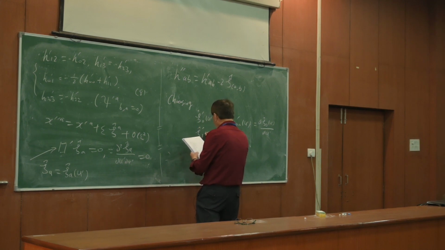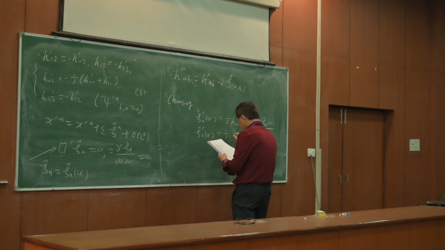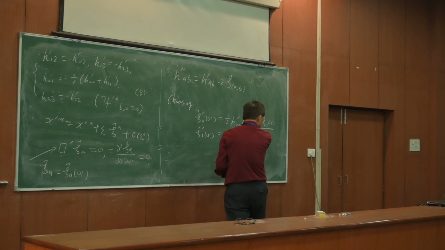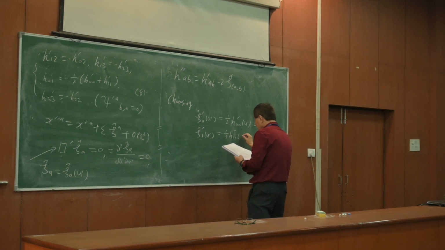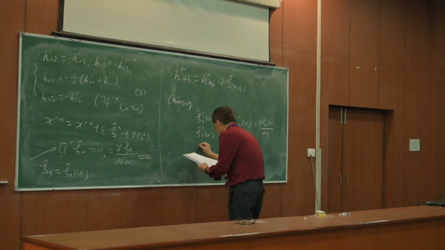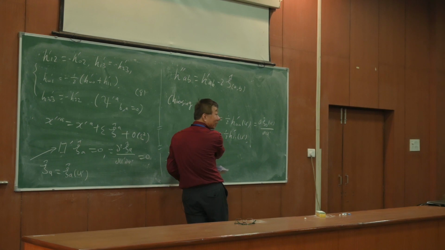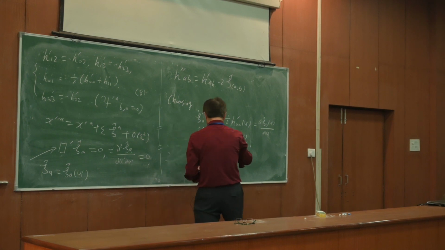u prime is again equal to minus 2 h11 plus... This prime, sorry, this actually is in the x prime coordinate. We have too many primes. So this prime represents the relative one. This is actually part.